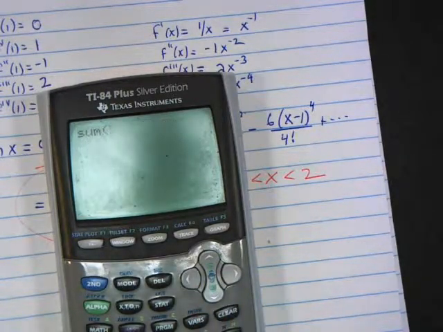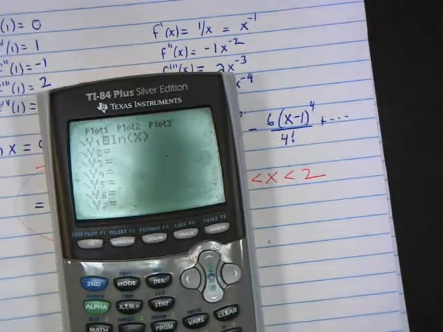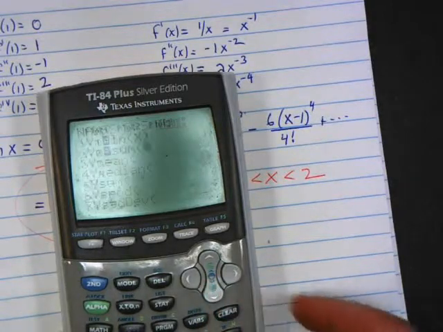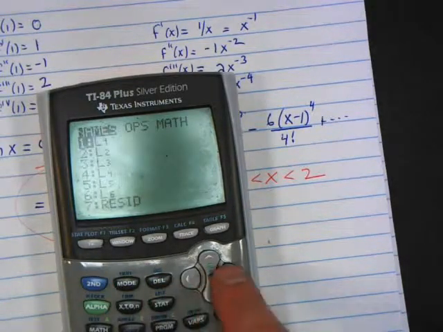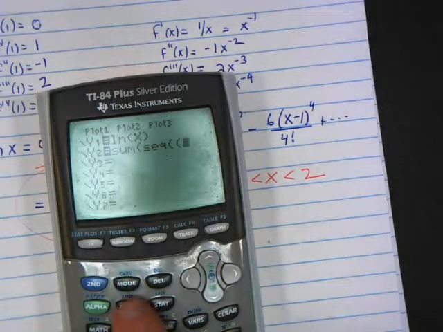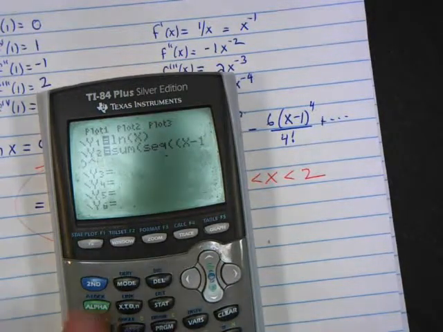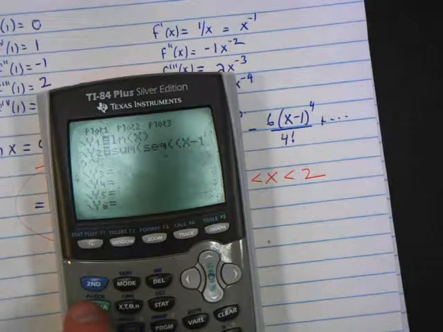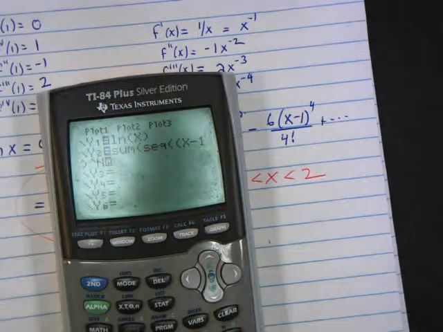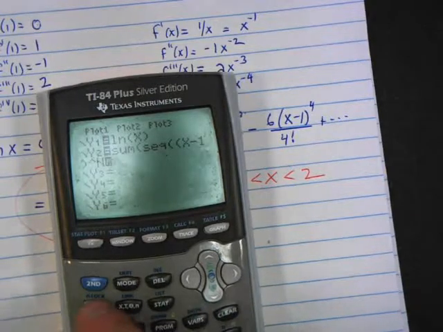What you have to do, oops, I gotta go back to y equals. I don't know if this will work or not. You need to tell it you want to sum the sequence of x minus 1 to the n, comma, oops, got my alpha lock on.